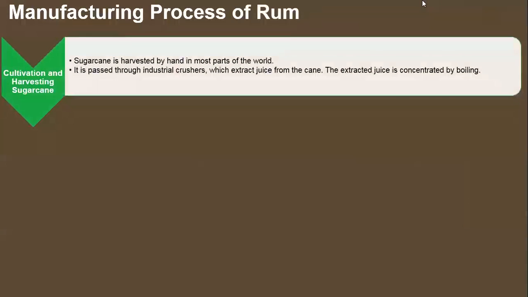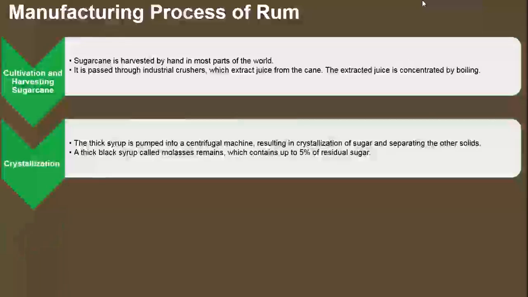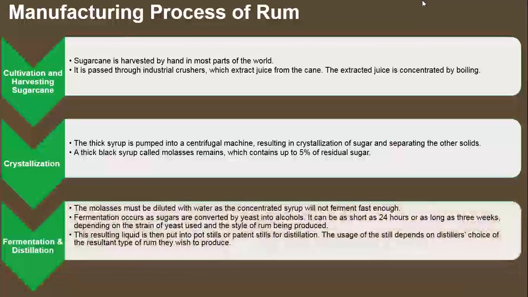Let's understand the manufacturing process of rum. Unlike cognac, bourbon, or scotch, rum does not have a universal process in its making. The first step is cultivation and harvesting of sugarcane for milling.